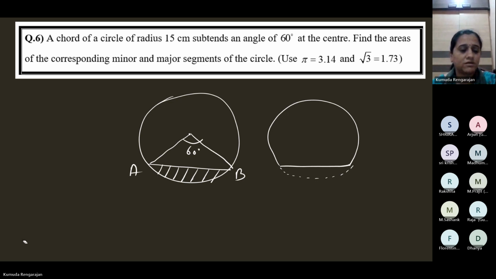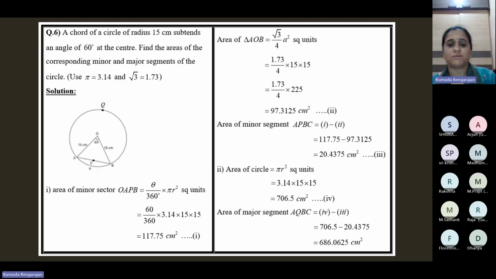Okay. So we understood how to find the area of the segment. Find the area of the sector. Then the area of the triangle. Area of the sector minus the area of the triangle is the area of the segment. Now, the area of the circle minus the area of the minor segment will give you the area of the major segment.